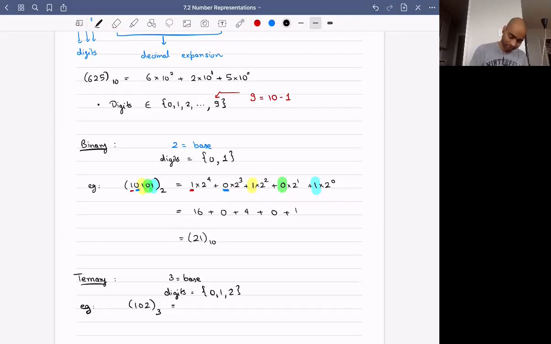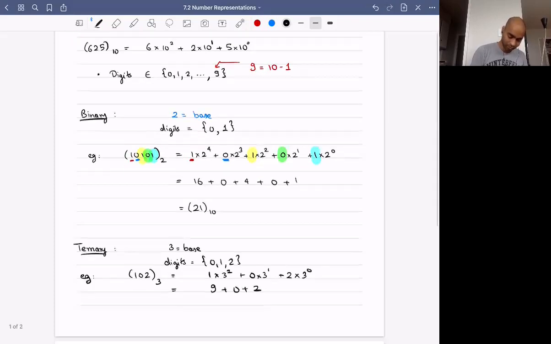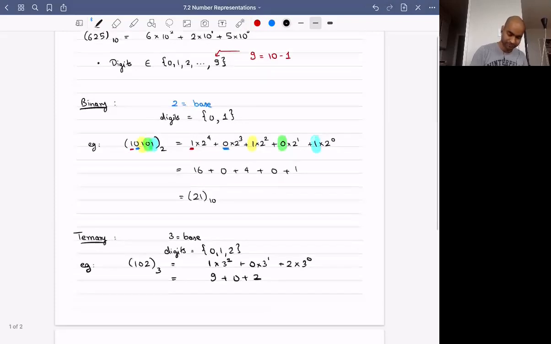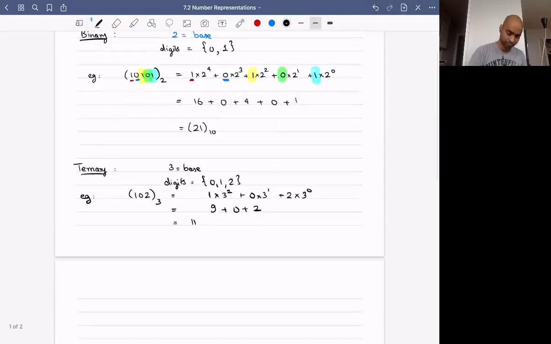I'll start from the right. I'll get 2 times 3 to the 0 plus 0 times 3 to the 1 plus 1 times 3 squared. That is 9 plus 0 plus 2, which is 11. Here 11 is in base 10. So that would be a ternary representation.